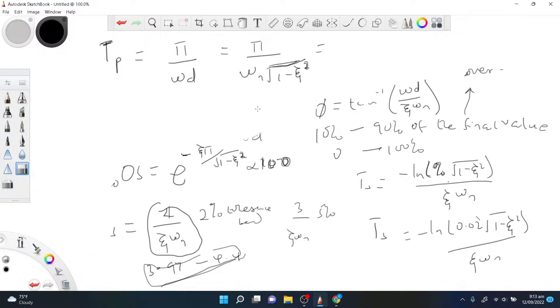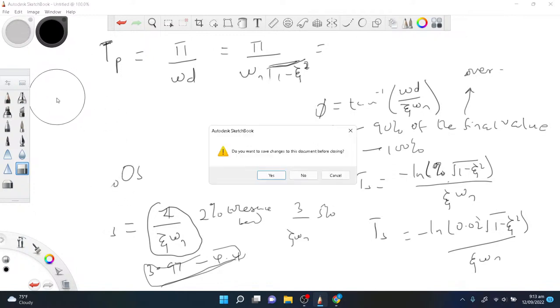So let's go to the specifications. Steady state error.